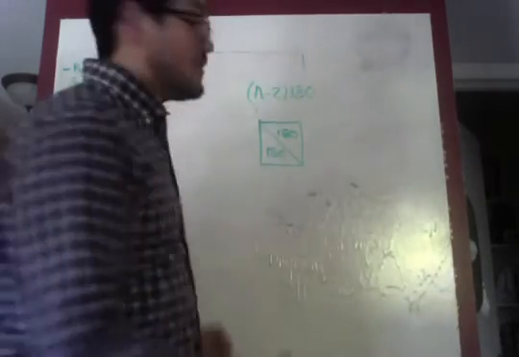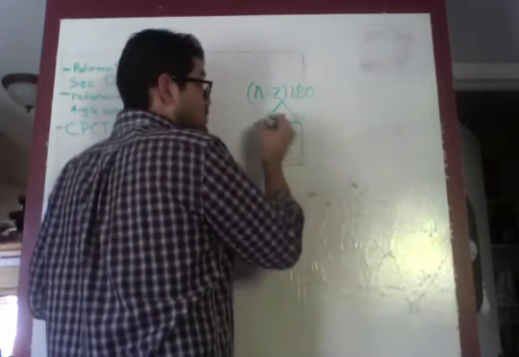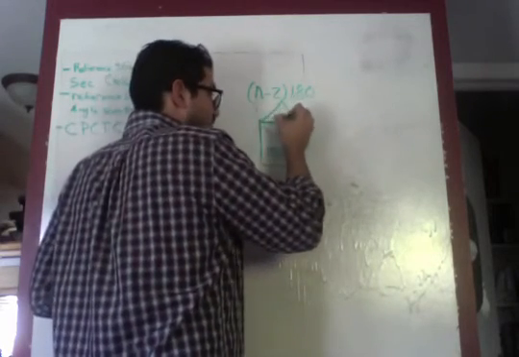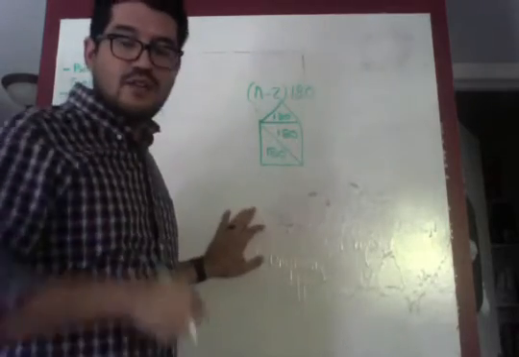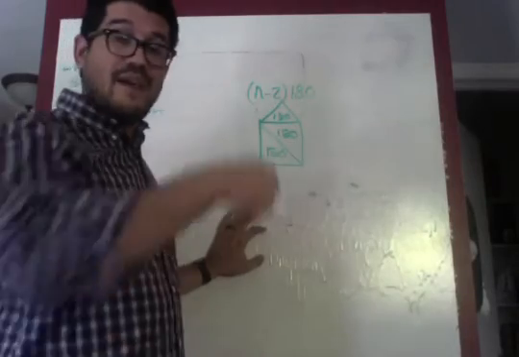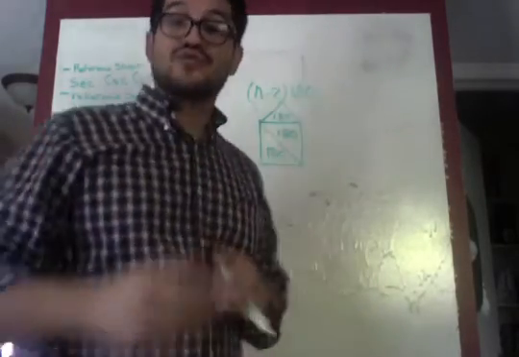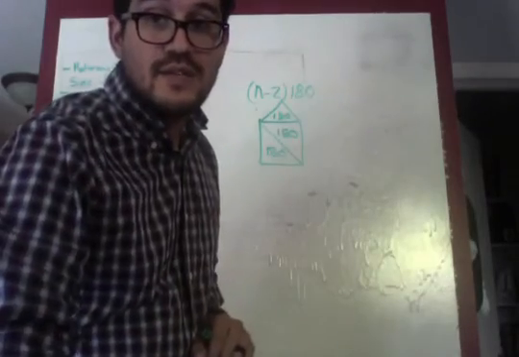If I add another side, I add 2 more sides, but now I have to conceal that side, which makes another 180 degrees. So the more sides I add, the more triangles in reality I'm adding. After 3 sides, every time you add a side, you're really adding a triangle to the mix.